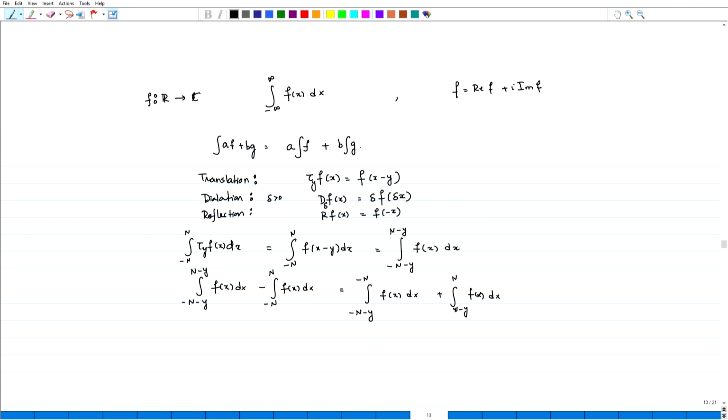Now, if we take the modulus and push the modulus inside, then this is less than or equal to the integral from −n − y to −n of |f(x)| plus the integral from n − y to n of |f(x)|, and you can show very clearly that all these are dominated by 1 over 1 plus x squared. So, if we put that in, the length of this interval is y, and in the denominator you have 1 over n squared.